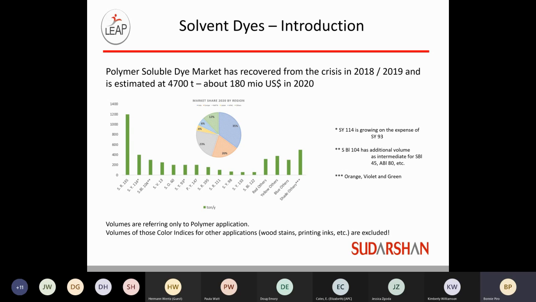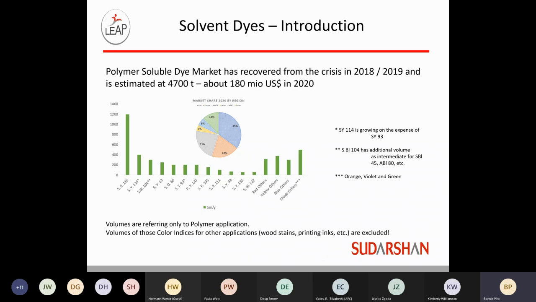The second footnote is with respect to the solvent blue 104. It has additional volumes as it is an intermediate for other dyes like solvent blue 45, acid blue 80s, and others.